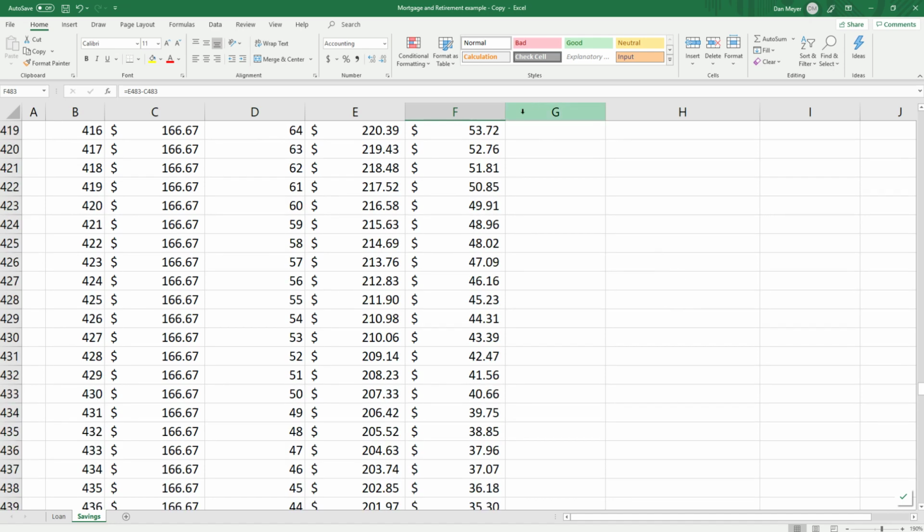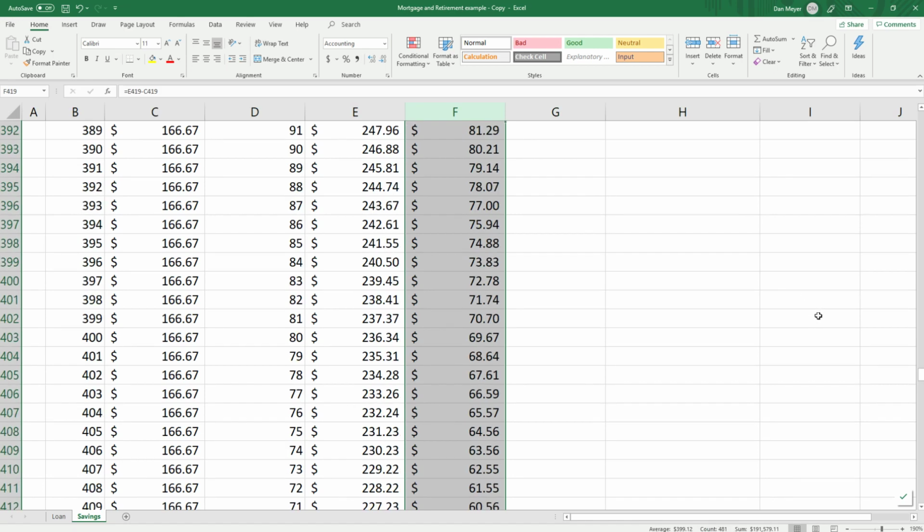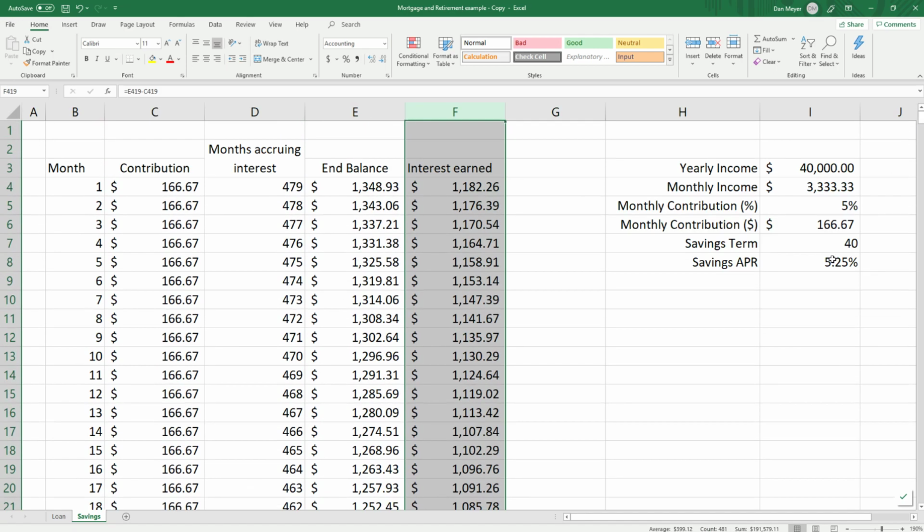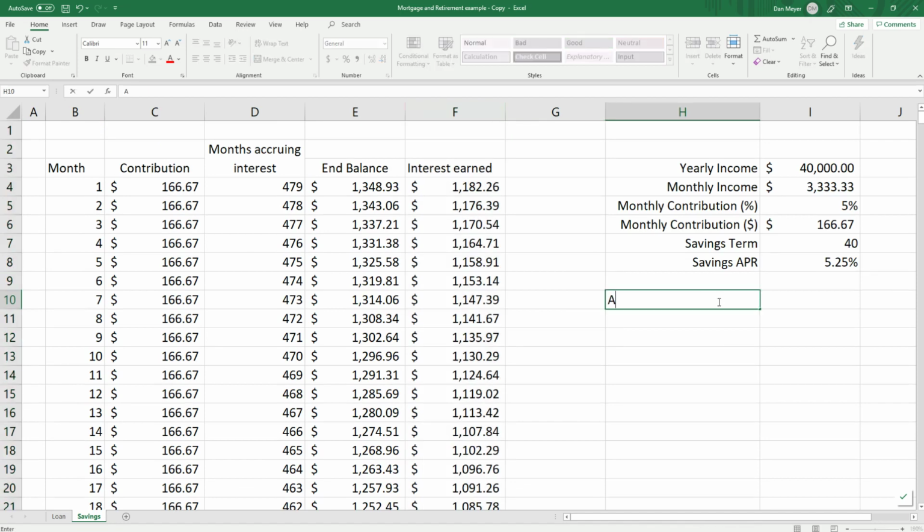Okay. All right. Now, if we look at the sum of all those, it tells us that our savings account is worth $191,579.11. That should be the value that Excel spits out when you use the balance for 40 years.